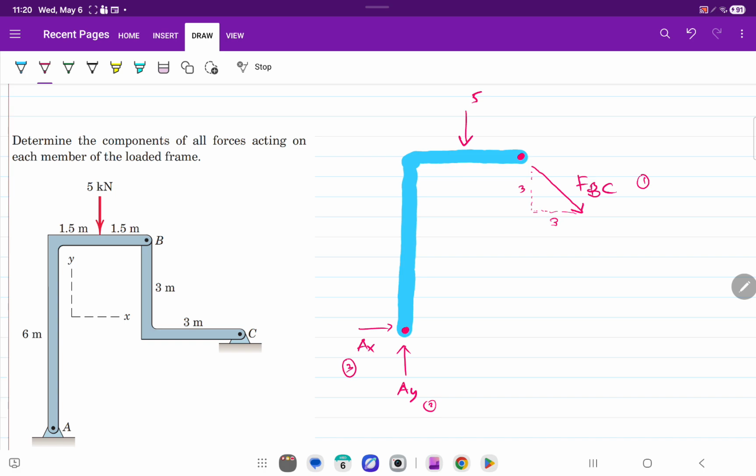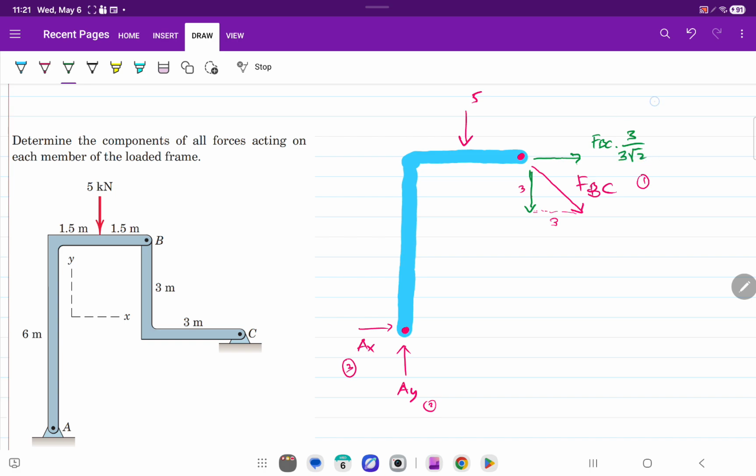So first, to make it easy, decompose this into this and this. This is FBC times 3 divided by the square root of 3 squared plus 3 squared, which is 18, which means 3 square root of 2.